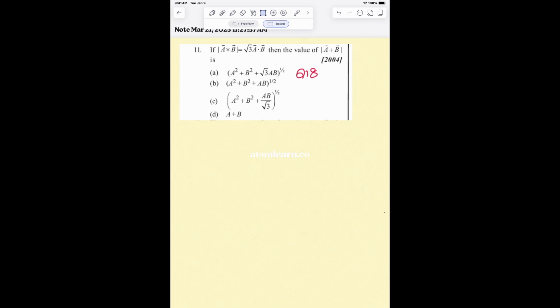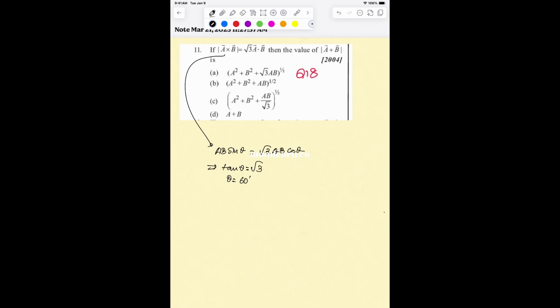The left hand side is equivalent to AB sine theta, where the angle between A and B is theta. This will be equal to root 3 times A dot B, meaning root 3 AB cos theta. This means tan theta equal to root 3. That means theta equal to 60 degrees.